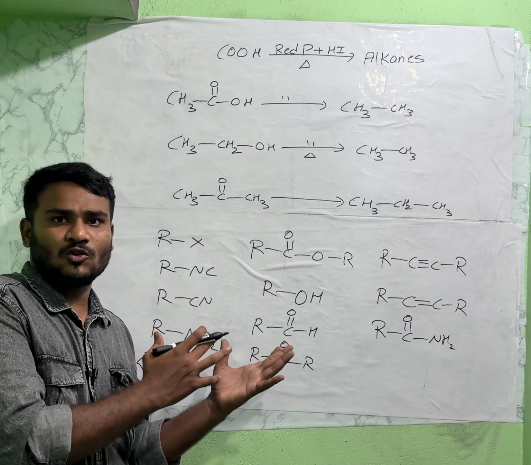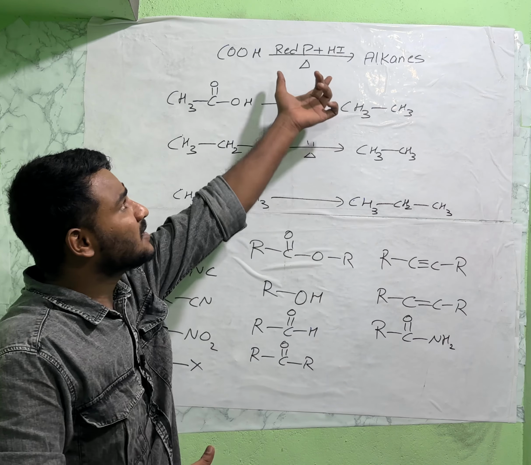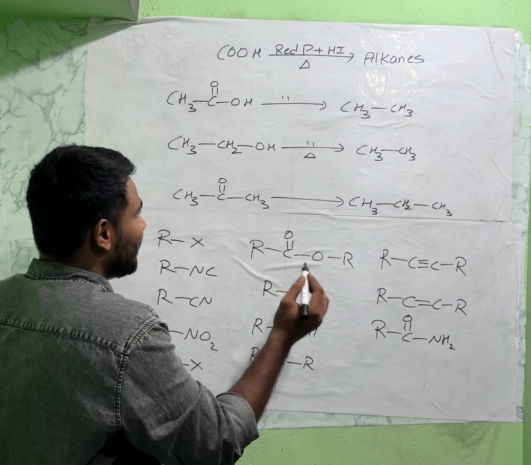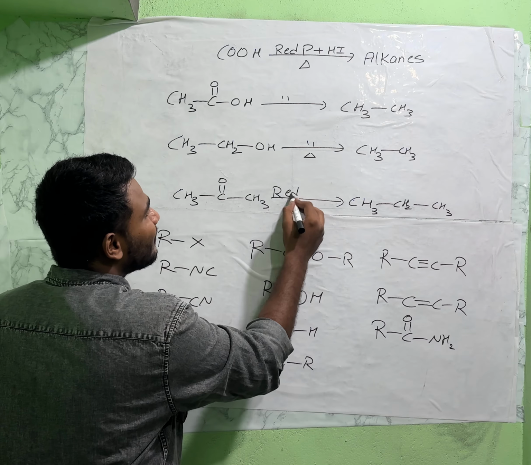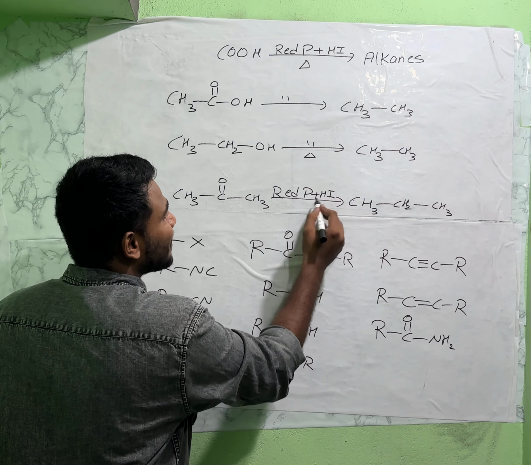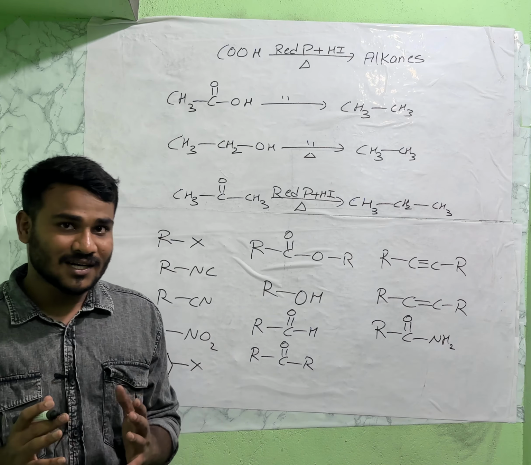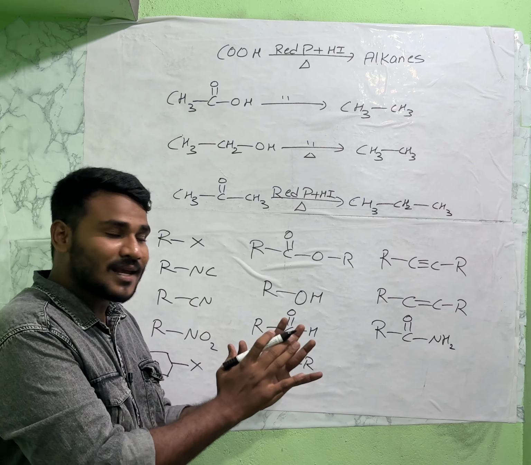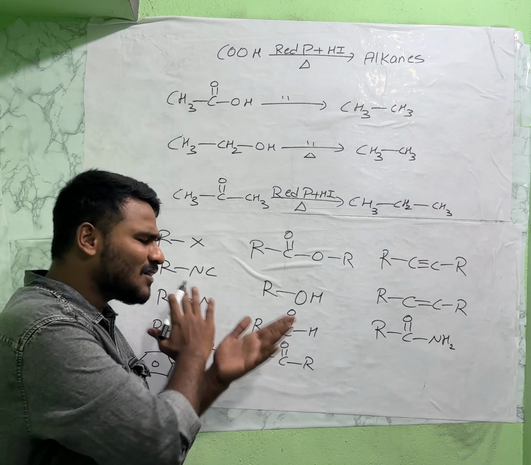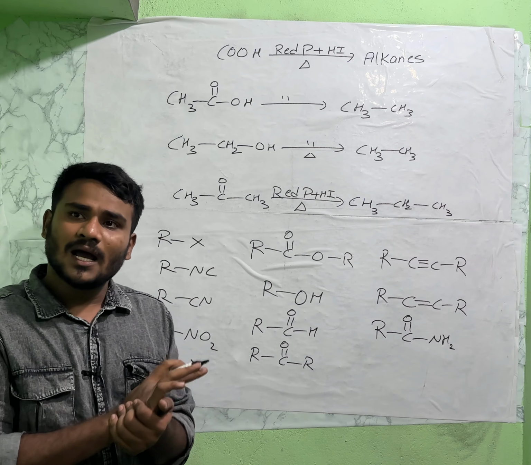All these functional groups are converted to alkanes in the presence of red phosphorus plus HI. Heat is required for this reaction. You understand now how strong a reducing reagent this is? It can convert all the functional groups to alkanes.